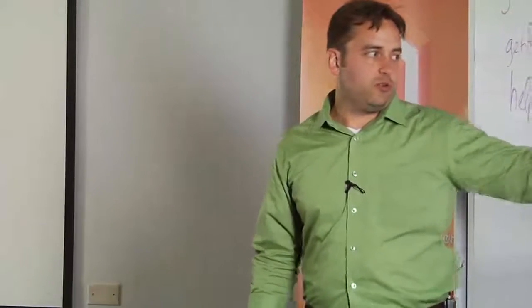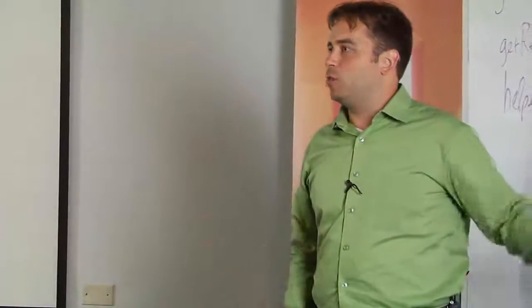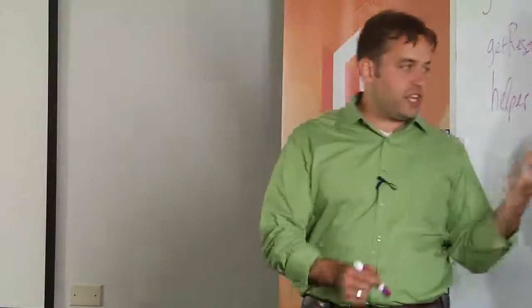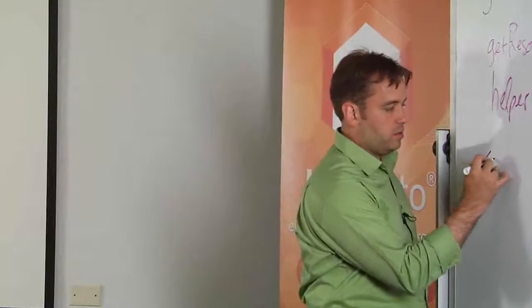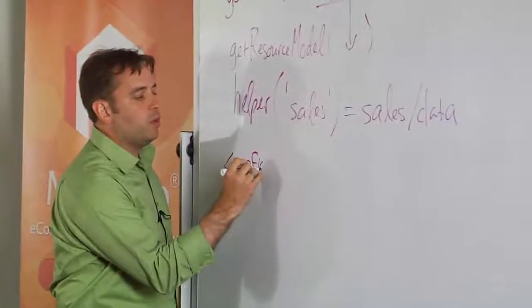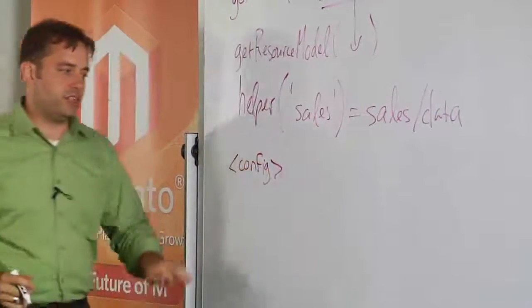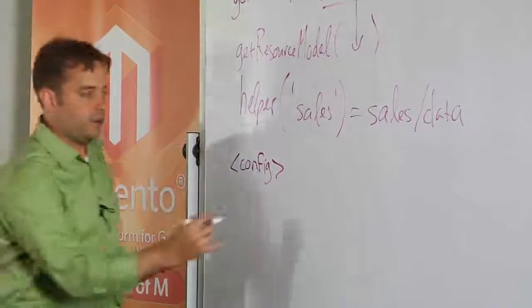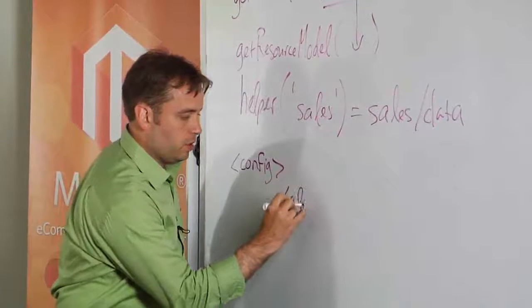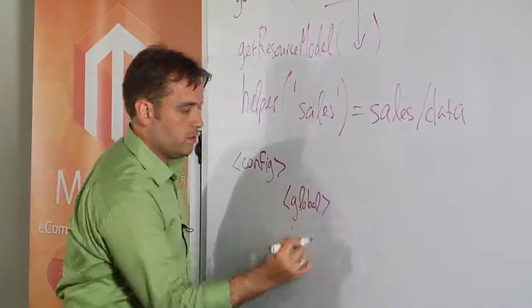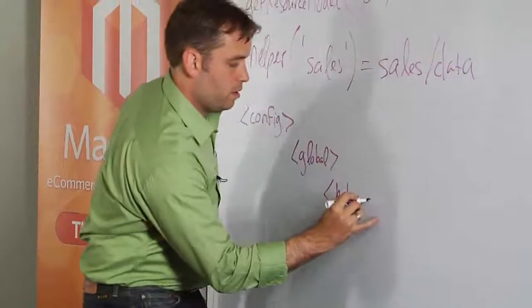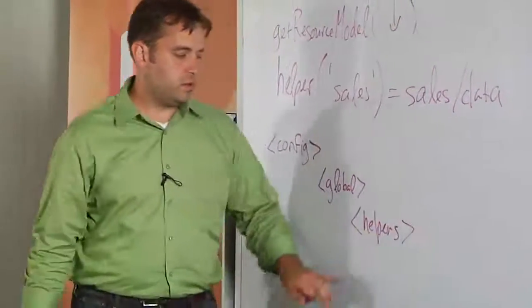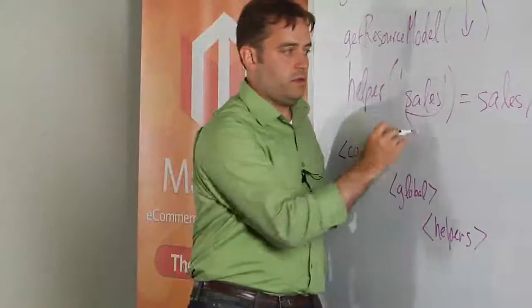If you only specify a class group, the system will actually look for a data helper. This sales here will actually map to a configuration file, or hopefully, anyway, the config object will look in config global helpers for a node with the value sales.